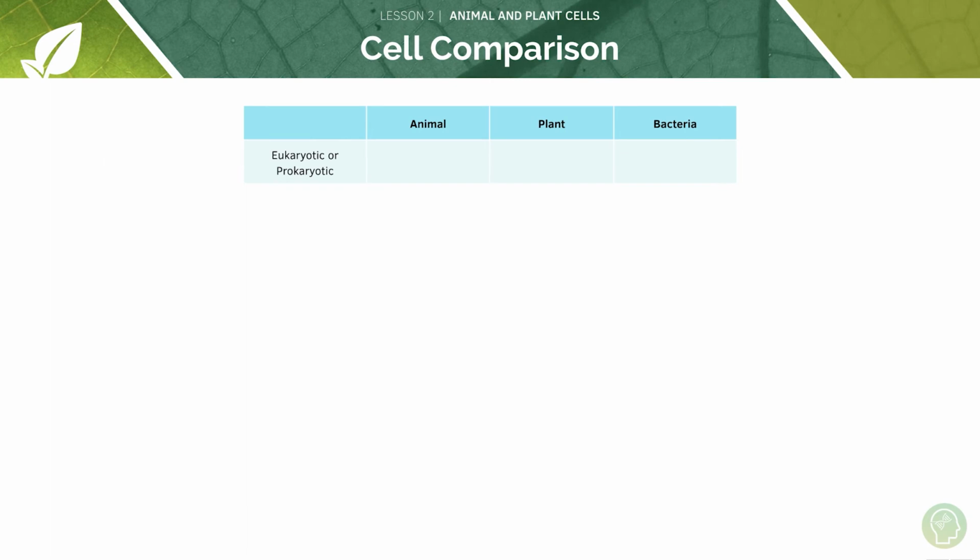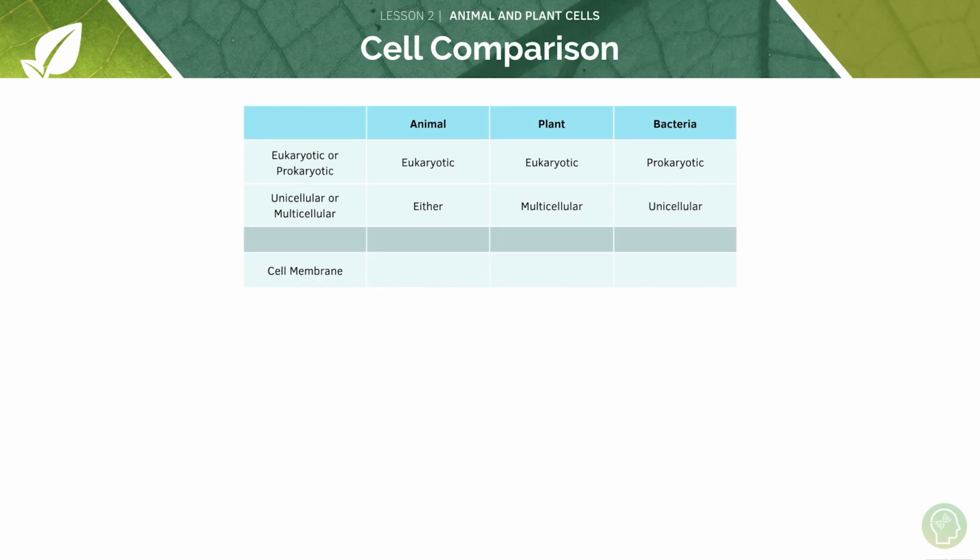So first of all, are the following cells eukaryotic or prokaryotic? Well, we know that both animal and plant cells are classified as eukaryotic cells, whereas bacteria are classified as prokaryotic. So we can fill it in as so. Unicellular or multicellular? Well, bacteria are almost always unicellular, and plants tend to be multicellular, whereas animals can be either.